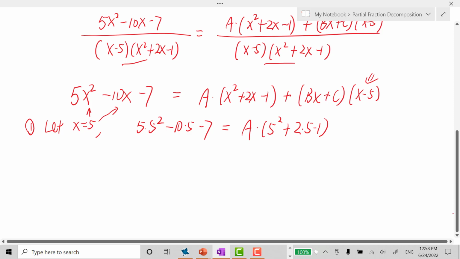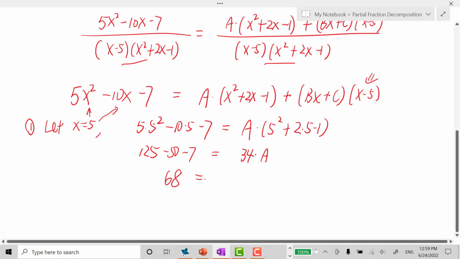Now from here, we can simplify. This is 125 minus 50 minus 7. On the right is 25 adding 10, 35 minus 1, 34. So 125 minus 50 is 75, minus 7, yes, it's 68.